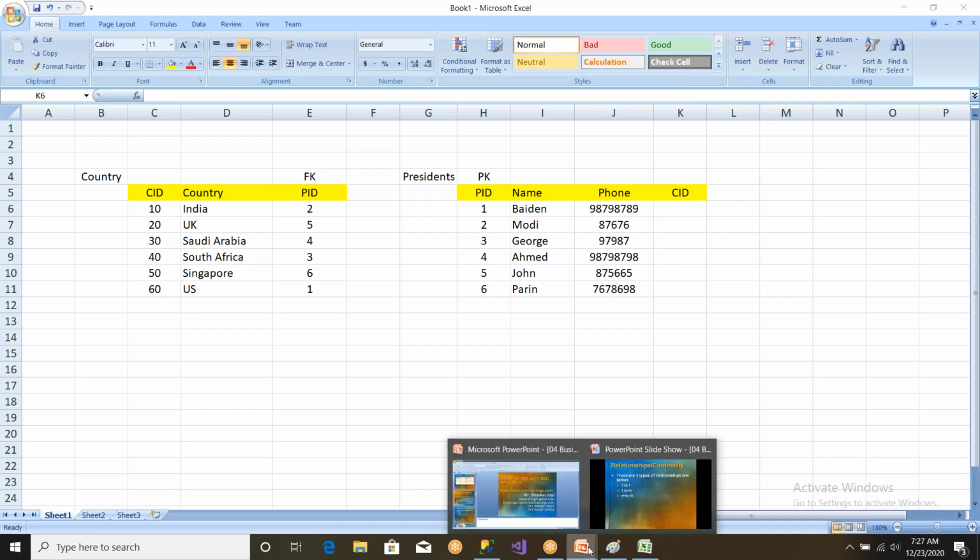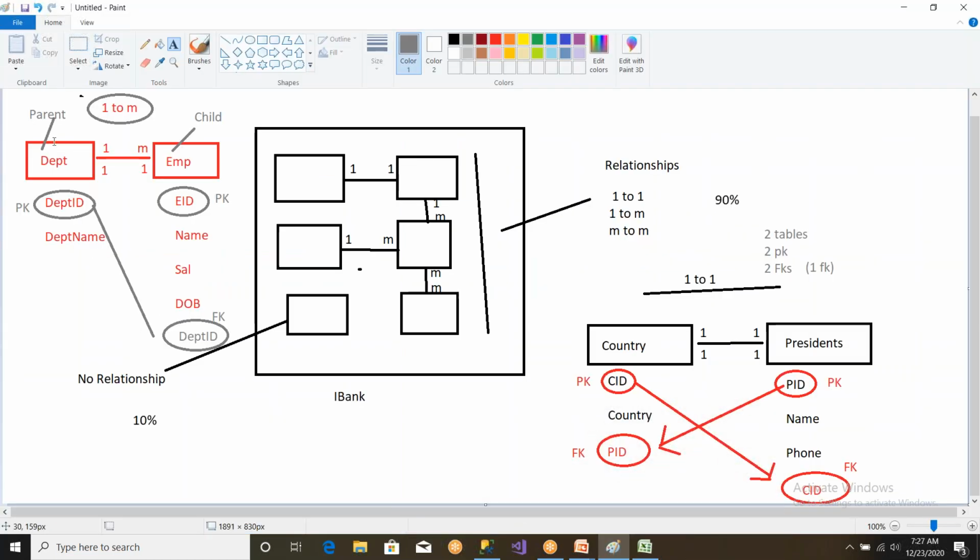So clear? Now I'm talking about one to many. When you have one to many, what will happen? One parent will have many children. One parent will have many children. Clear? Wherever there is a one, you need to take the primary key of that and create a foreign key. So in this, we have only, let me have this.